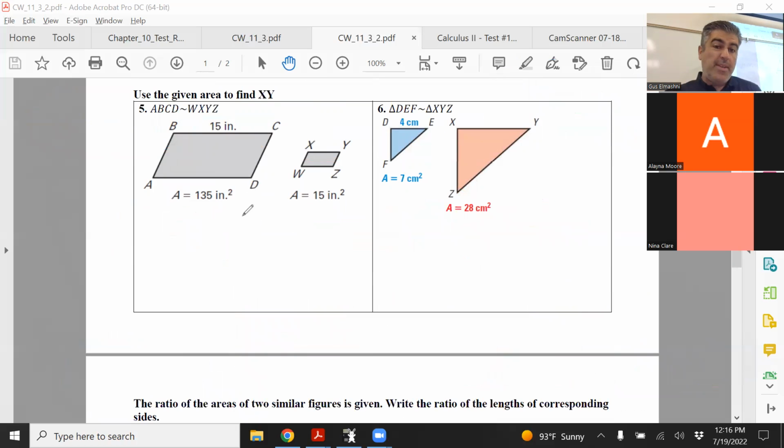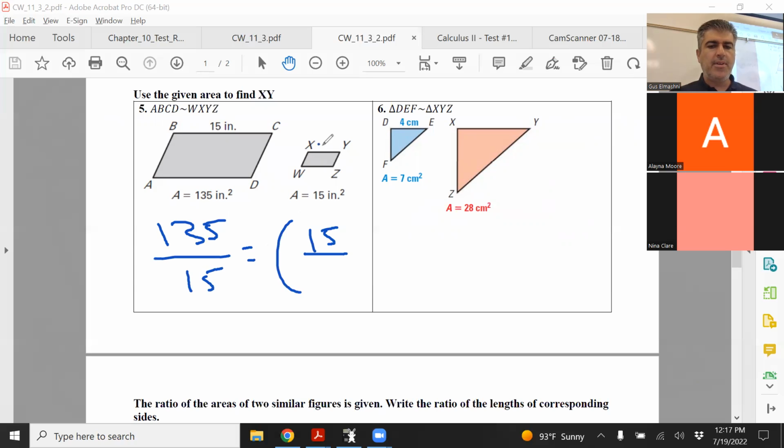Here we talked about this already. Actually, I haven't really done this. This is kind of backwards a little bit. You can say 135 out of 15 equals 15. I'll call the side x here. That's kind of interesting. The area is the scale factor squared, right? Your scale factor, we don't know.